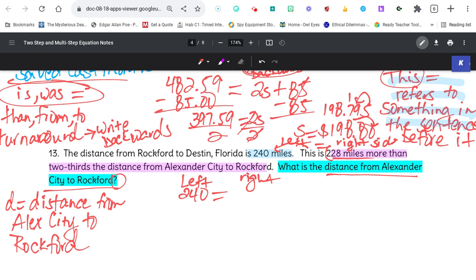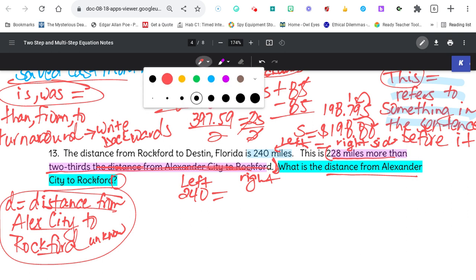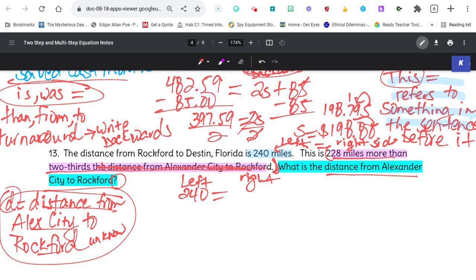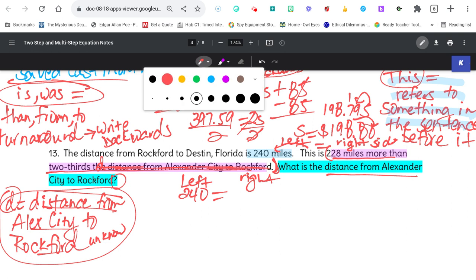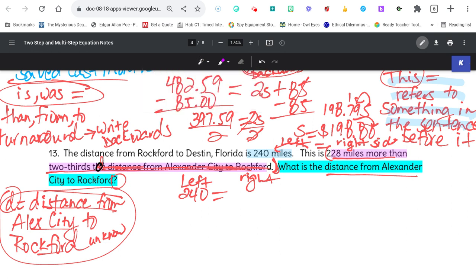So 228 more than 2/3 the distance from Alex City to Rockford. Okay. Do I know the distance from Alex City to Rockford? Well, that's my unknown. I don't know it, so I'm just calling it D. So we'll call that D right here.